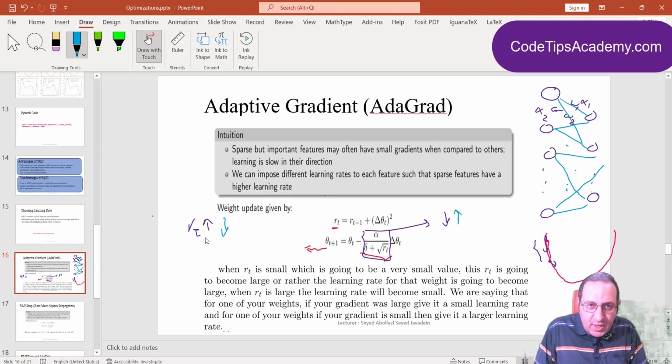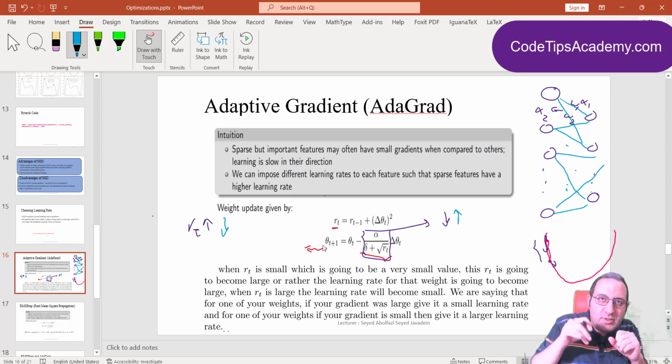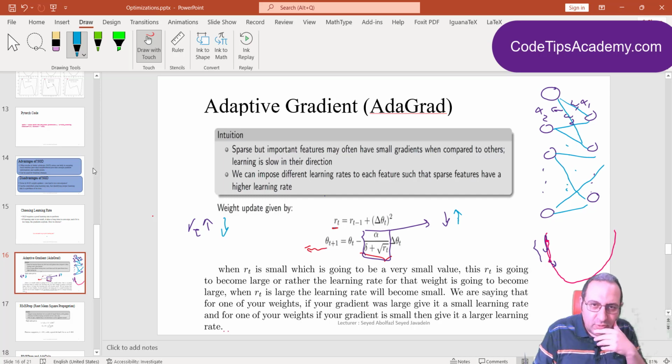This means that RT is the sum of the squares of changes. If we have a large RT here, this term will be small, and the weights will have a small change.